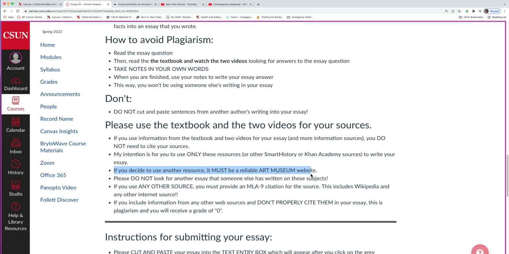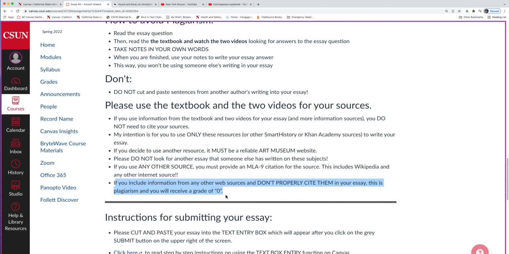If you decide to use another resource, it needs to be a reliable art museum site. I know there's lots of essays that other students have written that you can find out there. Please don't look for those and cite them. If you do use another source, like a museum or the Smart History, you have to provide me a citation for the source.